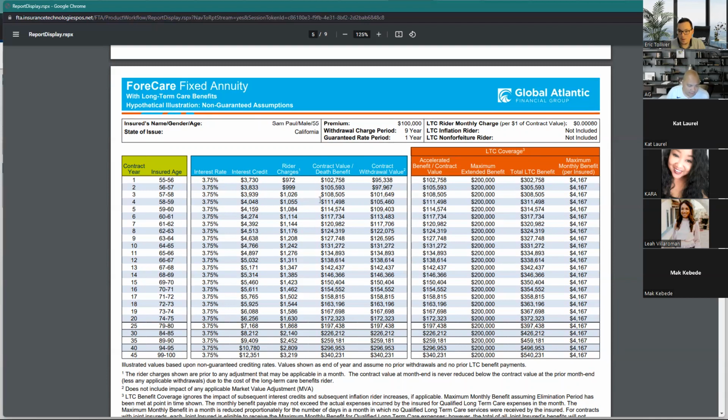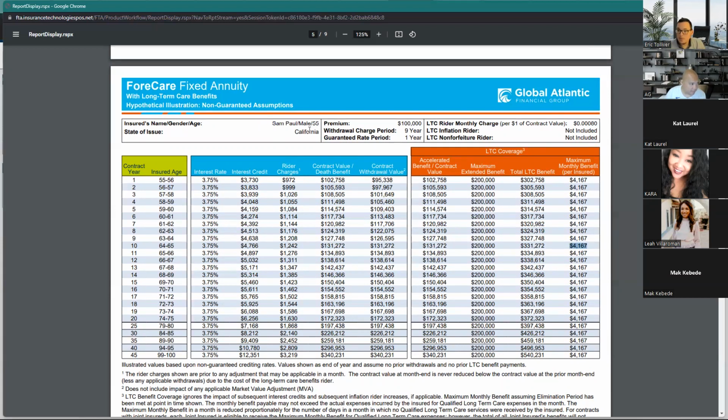So if this person dies and they never use the long-term care coverage and dies after 10 years, instead of 100,000, they'll have 131,000. Okay, because of that fixed interest. But then if they activate the long-term care, and this one again has no underwriting, just a medical questionnaire, this will pay out.